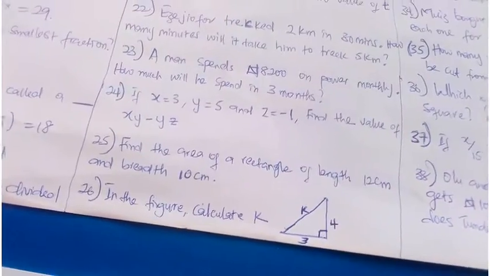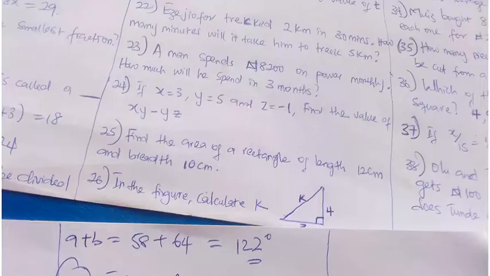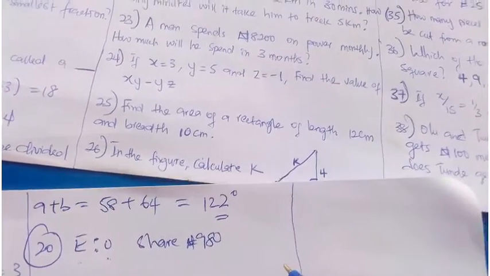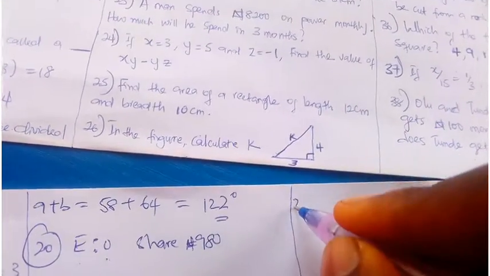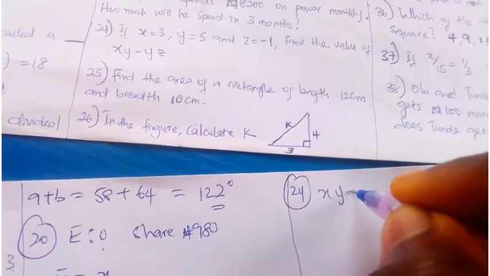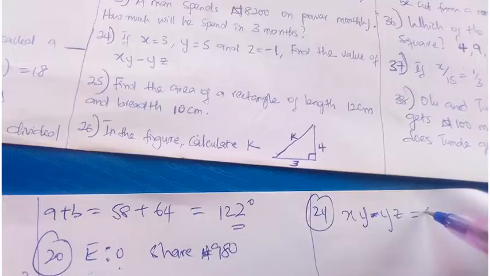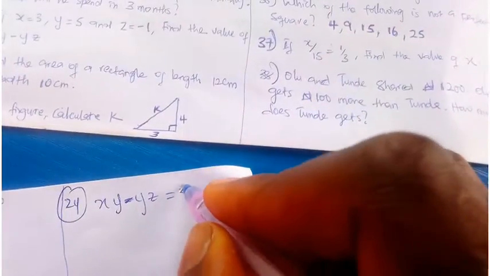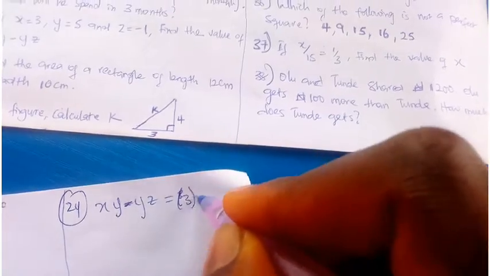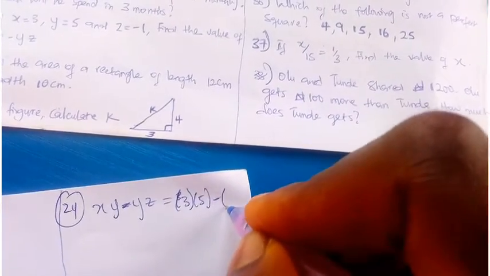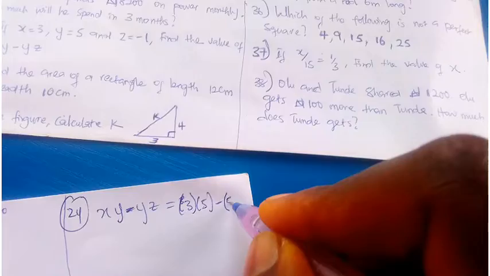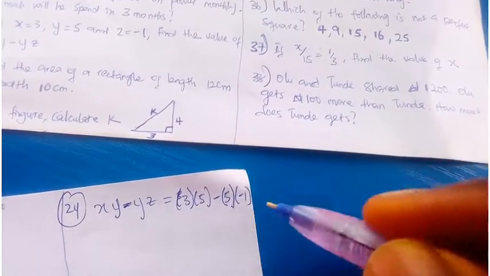Number 24 question says that if x is 3, y is 5, z is minus 1, find the value of xy minus yz. If x is 3, y is 5, I'm going to have this as 3 times 5 minus 5 times z, which is minus 1.